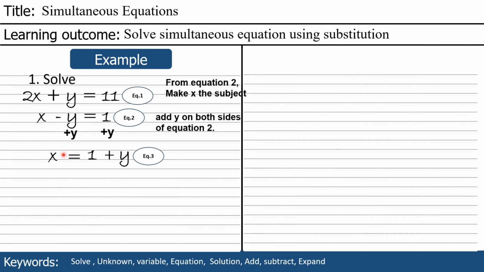Remember, because we got equation 3 from equation 2, we have to substitute equation 3 into equation 1. So using equation 1, substitute 1 add y for x. Also remember to use your brackets, and this is where students make a mistake.